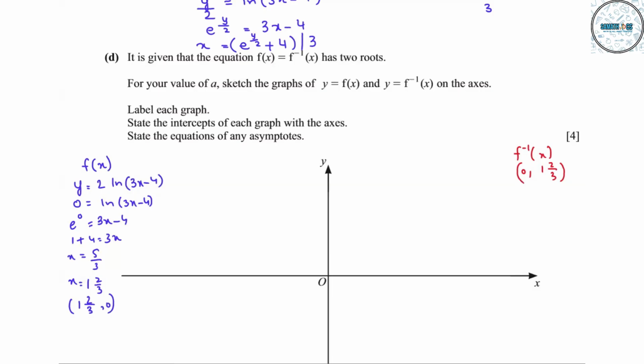Now we will draw the graphs. As we know, whenever we draw the graph of a function and its inverse, we have to draw the line of y is equal to x.